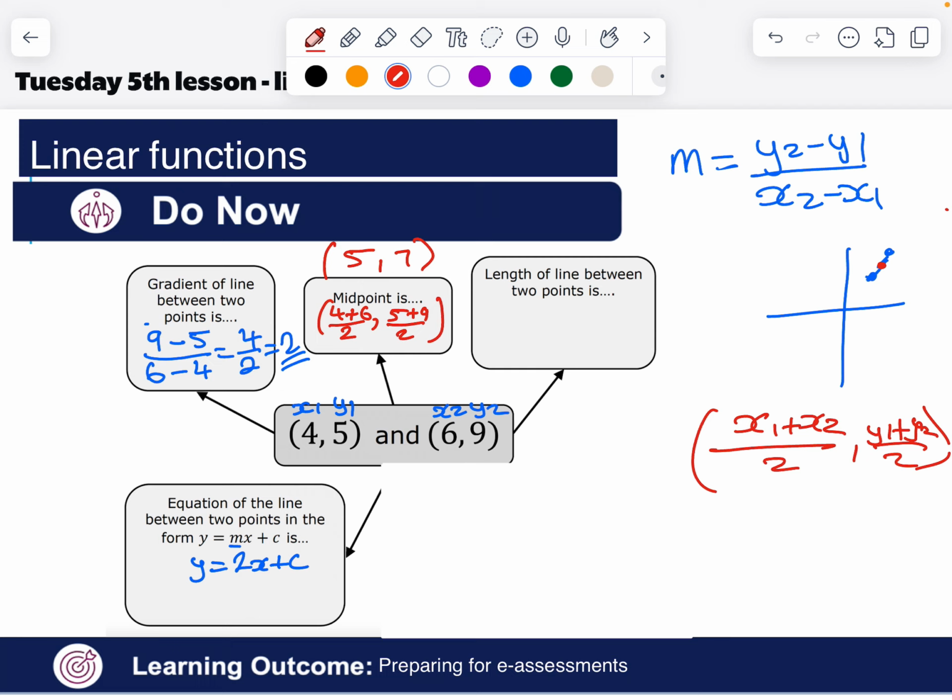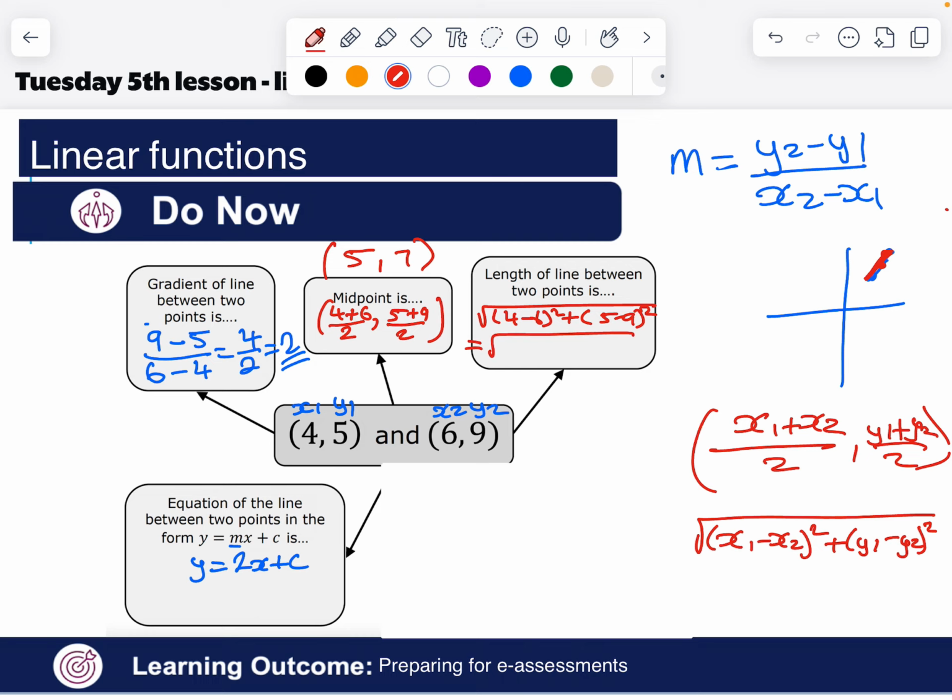Right, the next thing we can do is ask, what's the distance between these 2 points? The distance formula, which comes from Pythagoras, is the square root of x1 minus x2 squared plus y1 minus y2 squared. So for this question, the square root of 4 minus 6 squared and then 5 minus 9 squared.